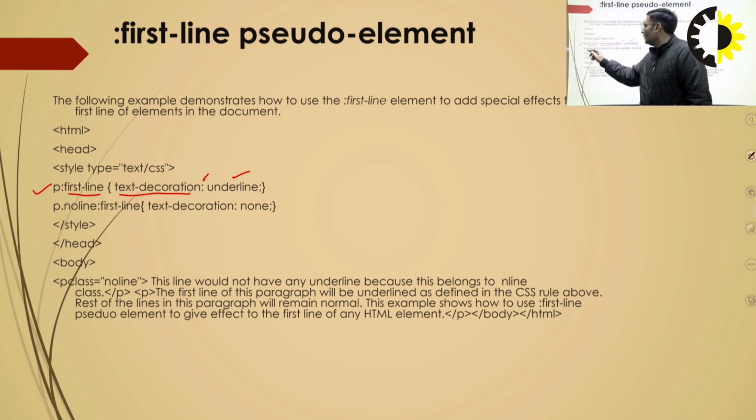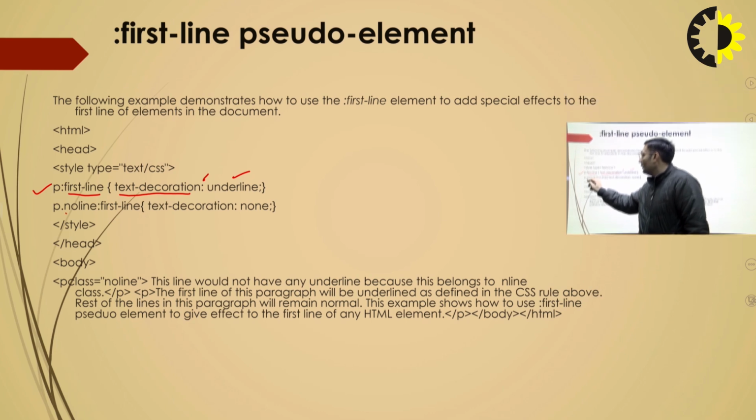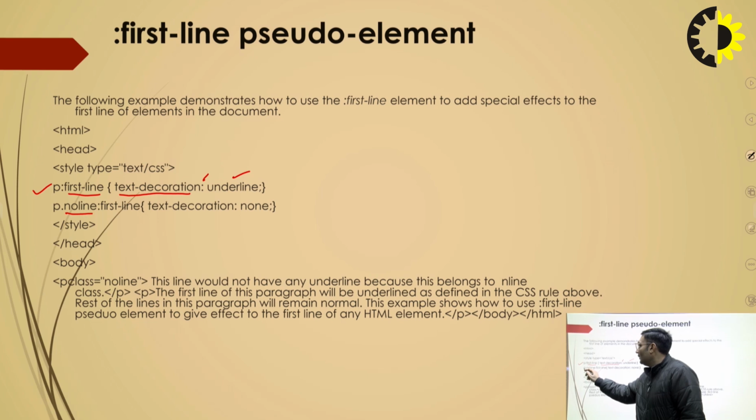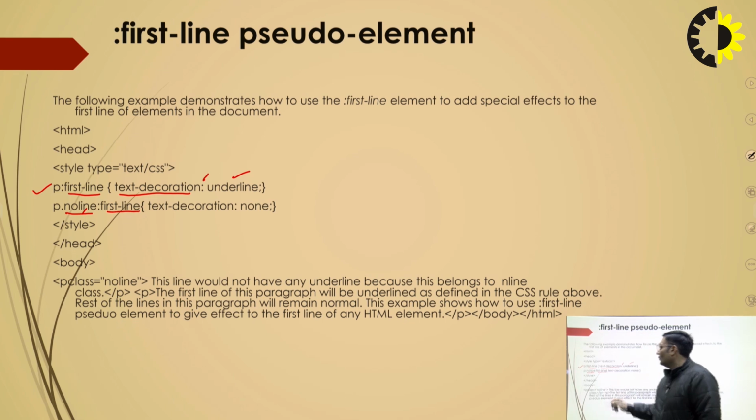Here no line is a class, so the selector is p dot no line, my class name, colon, this one is the pseudo element, and this one is the property colon the value.